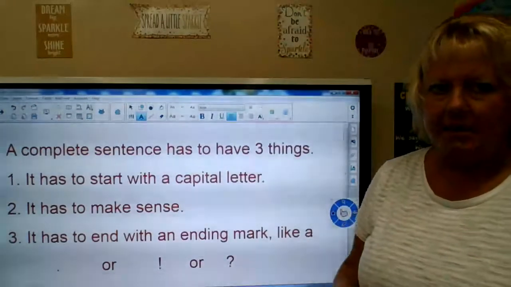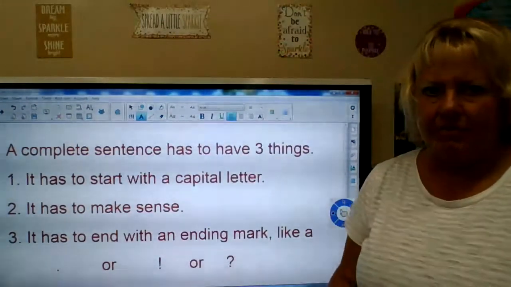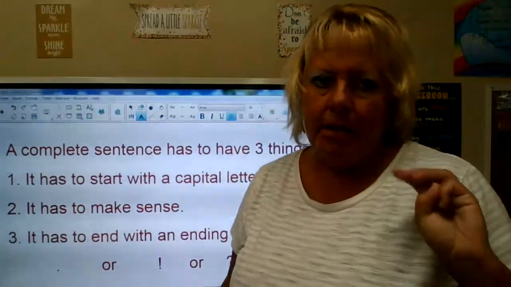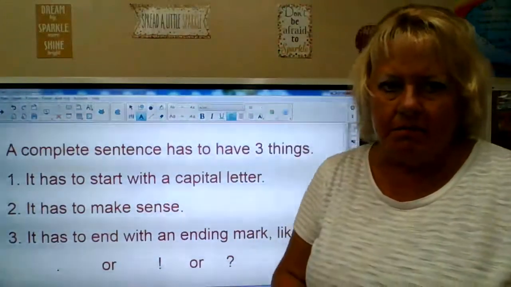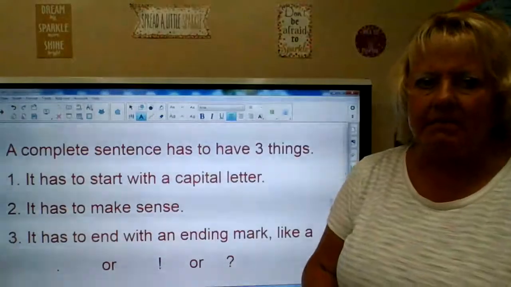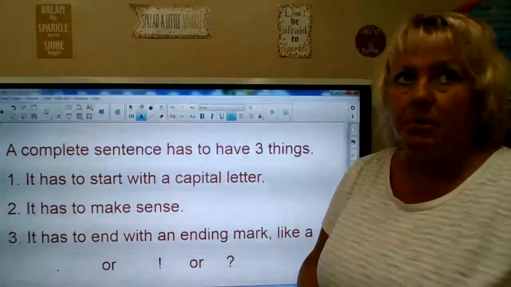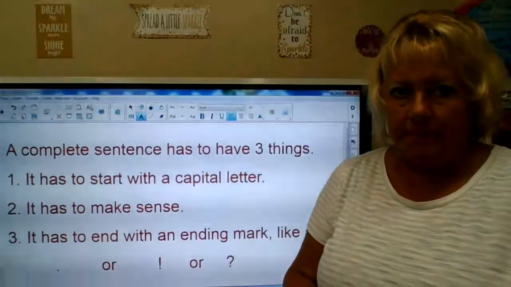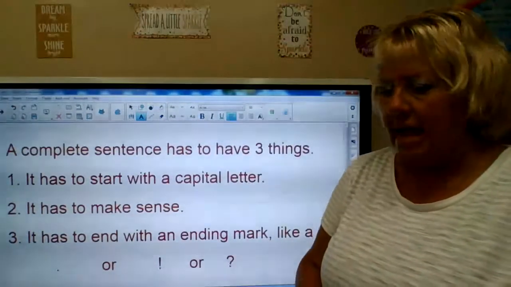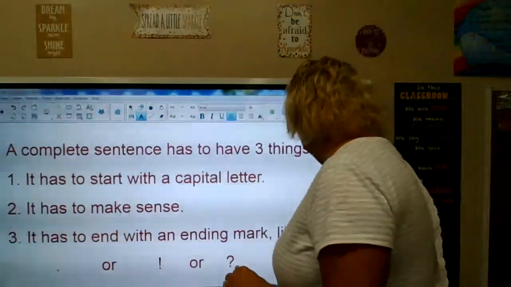Okay, so keep that in mind. It has to start with a capital letter, make sense, and end with an ending mark. Okay, so get out that page 6 for me.